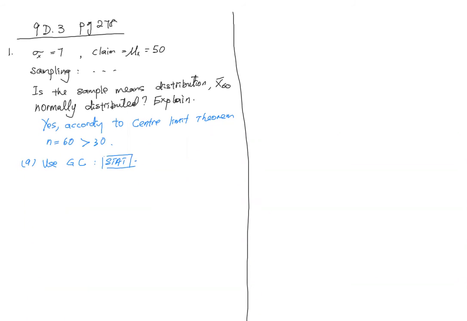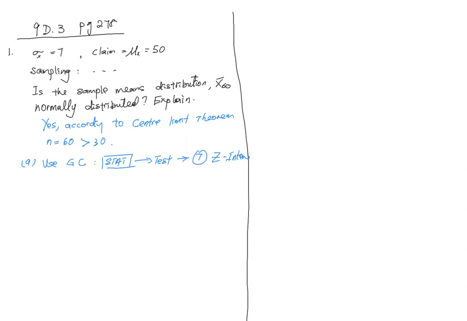Yeah, you go to TEST. Then after that, you select number 7, Z interval, correct? Then you key in the particulars for this question.